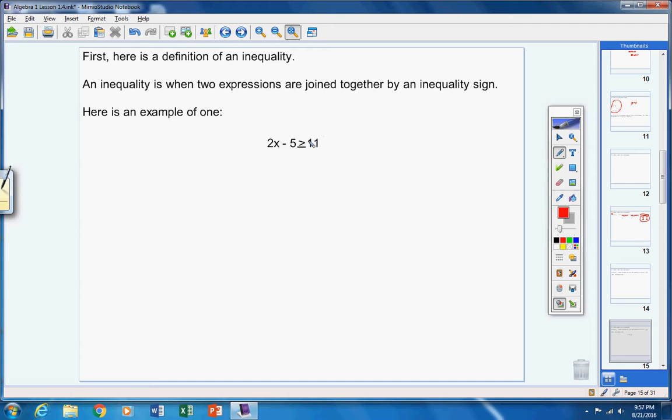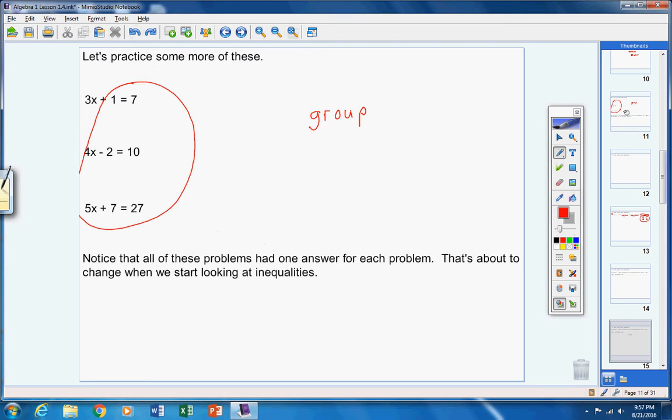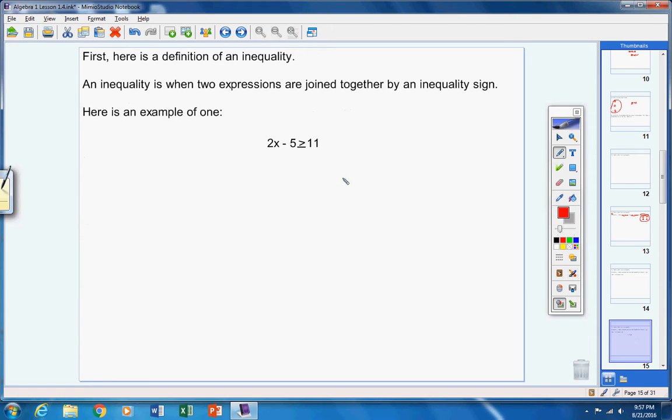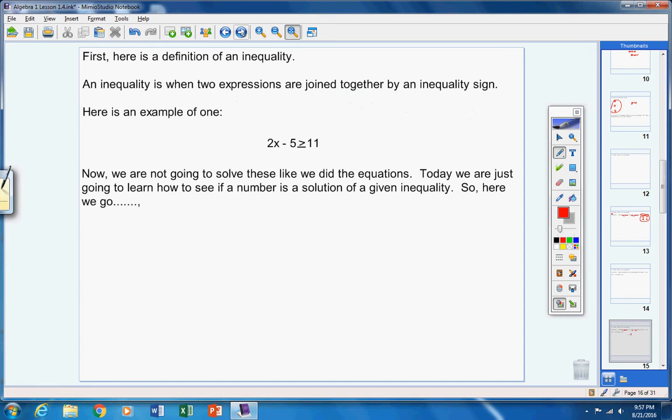This is an inequality because we have an inequality right here. Okay, do you see the difference? Equations have equal signs. Inequalities are going to have inequality symbols. So we have two expressions joined together by an inequality sign.